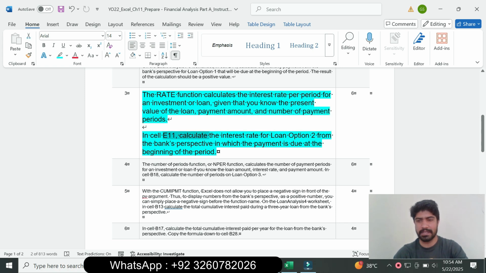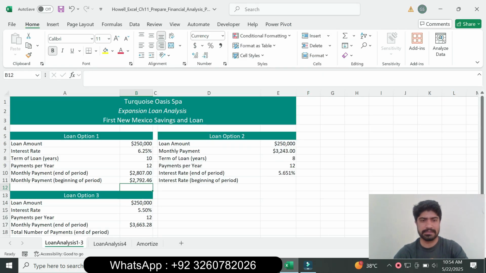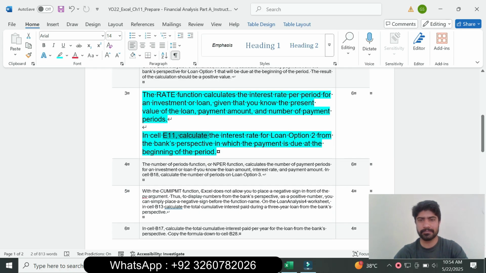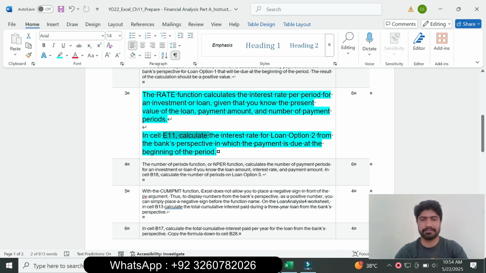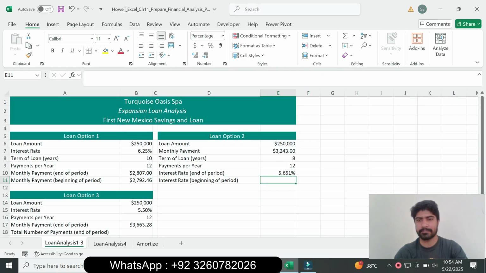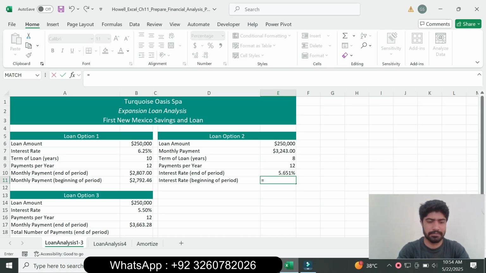So select cell E11 and insert the RATE function in cell E11. Type equal to and type the RATE function.